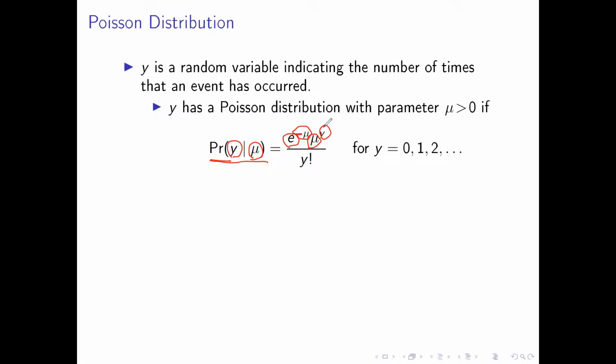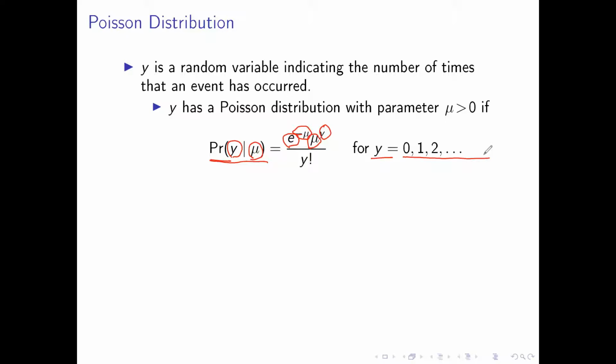Later on, I'm going to explain what is y factorial. And for y, that is the count for the response variable, from 0, 1, 2, and continue. Theoretically speaking, the integer can go to infinity. But in practice, rarely does that number go up to 30. I've never seen such a big number.